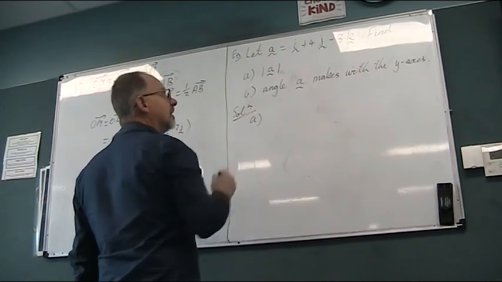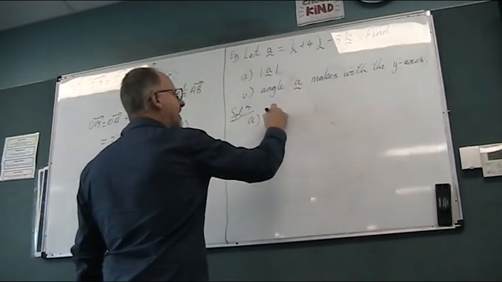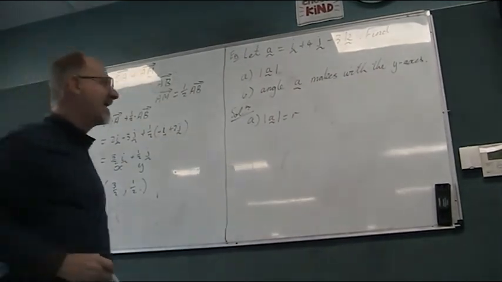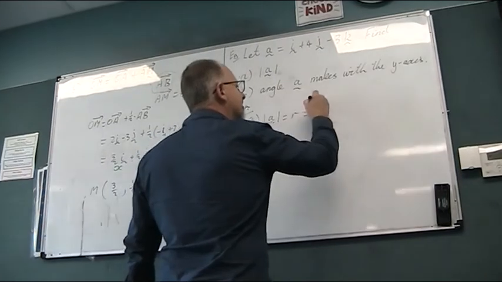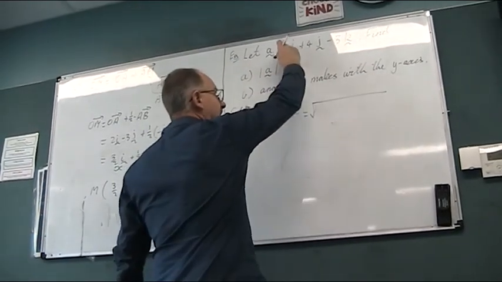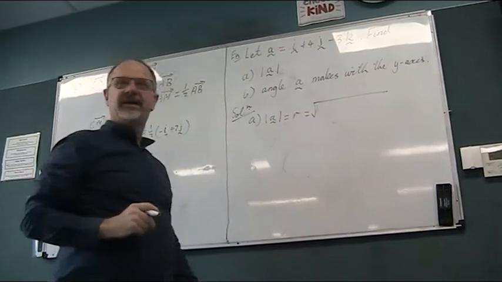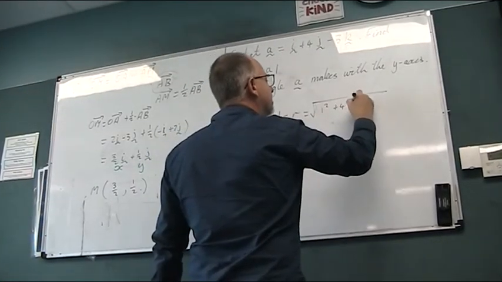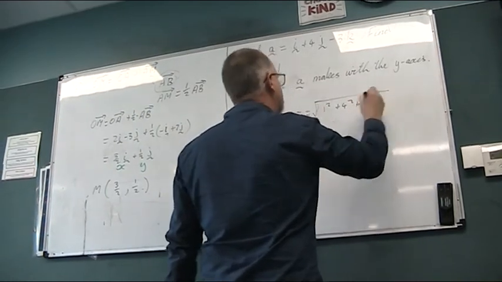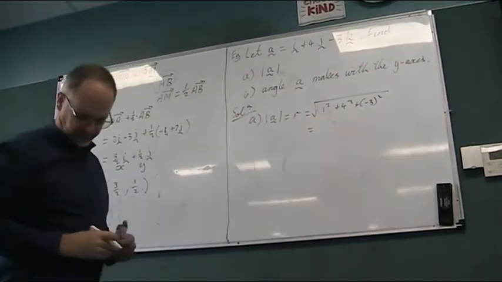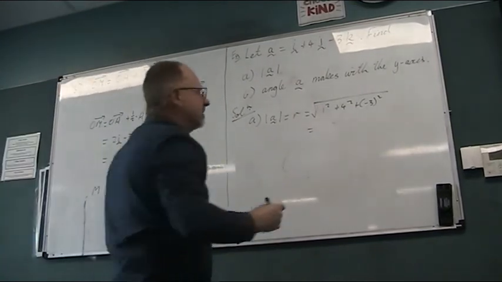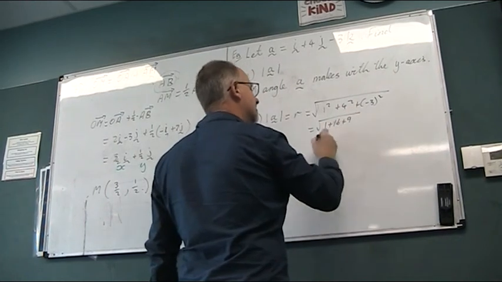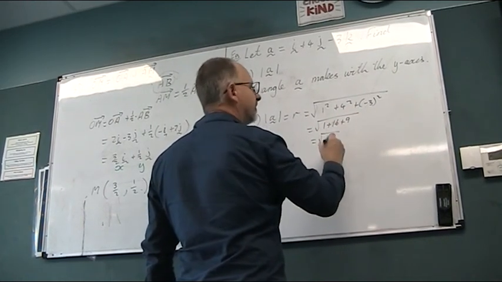The magnitude of A is what we would call R, and to get that, it's the square root of all the individual ijk components squared. 1 squared plus 4 squared plus negative 3 squared, which is the square root of 1 plus 16 plus 9, which is the square root of 26.